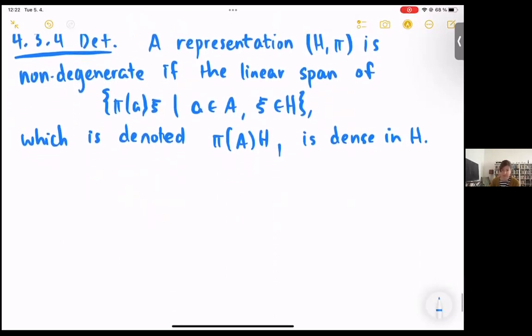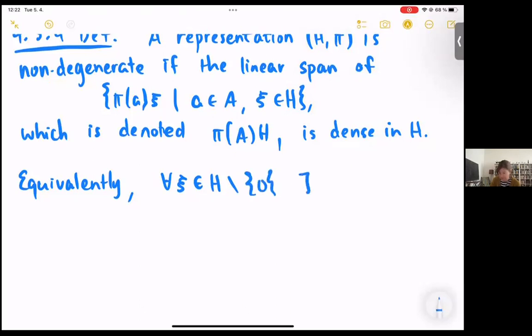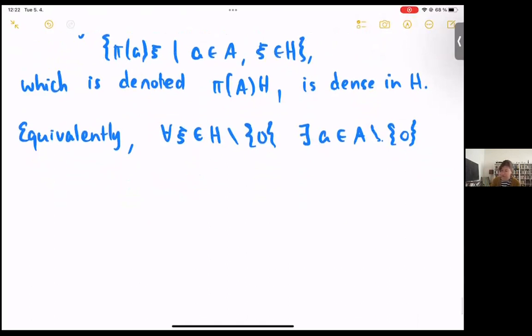If we think about this, we could have equivalently said that for every non-zero vector in our Hilbert space, we can find some non-zero element a in our C-star algebra such that pi(a) psi is non-zero.